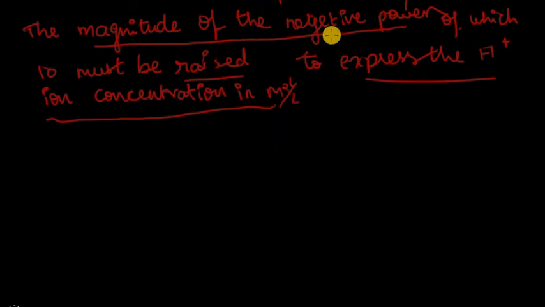With the help of this and the basics of pH, they invented a formula: pH equals the negative logarithm of the hydrogen ion concentration in a substance to the base 10.